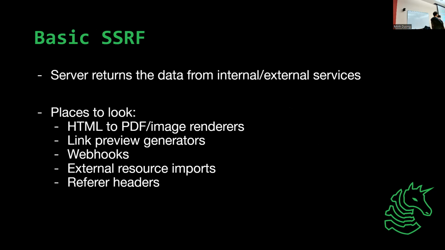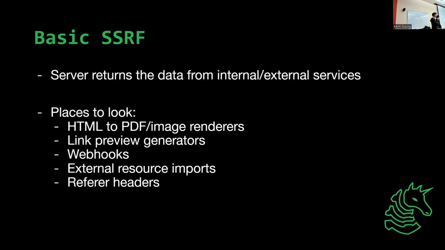So common places where SSRF exists: if there is an HTML to PDF or an image renderer, you can have arbitrary HTML, either through something like an iframe or a script tag, and that would return the content of the internal service. Link preview generators: if you paste a link in Discord or Twitter, sometimes they'll render a picture of what the URL will actually be.